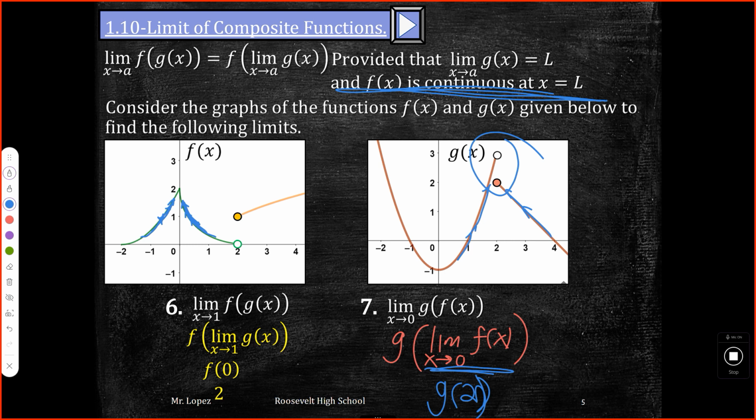So we're coming from below, meaning that on g we're coming from the left. Because there's a jump discontinuity here, we only come from the left. And so the answer to this limit is 3. So that's how we do these kinds of problems.